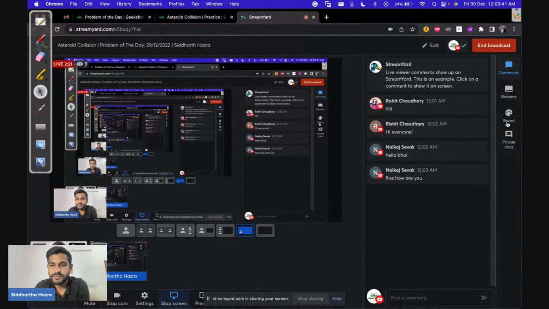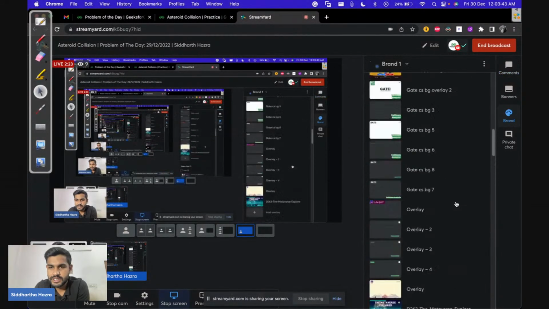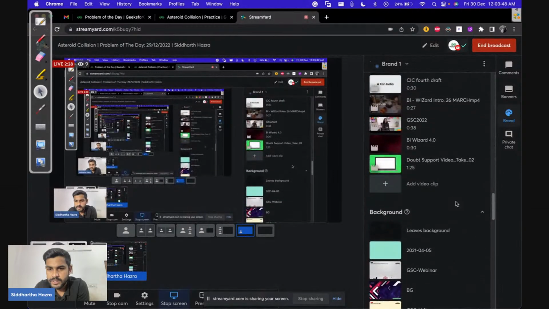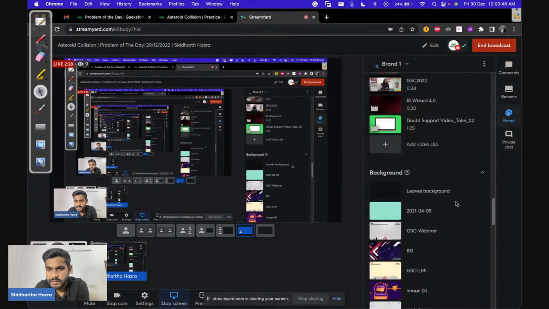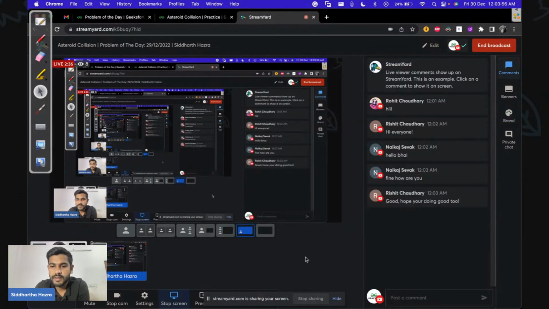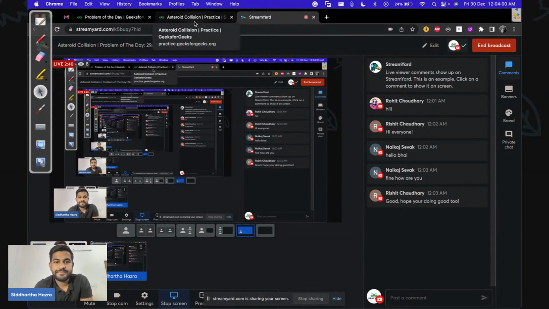Don't know. Just let me change this to some other color, just the background. Let me see some good background or the black one. Yes, this one is good enough. Yes. Chalo, let's move forward.